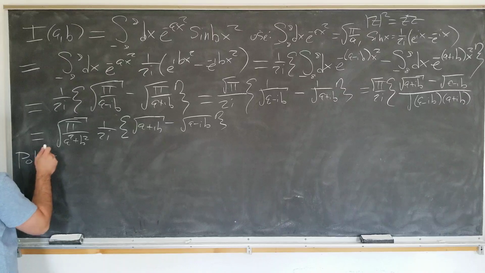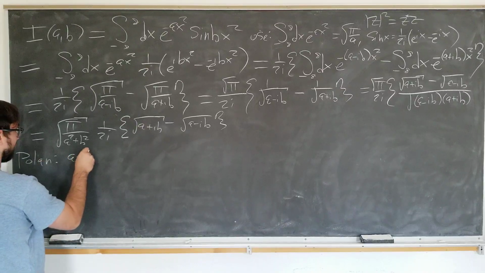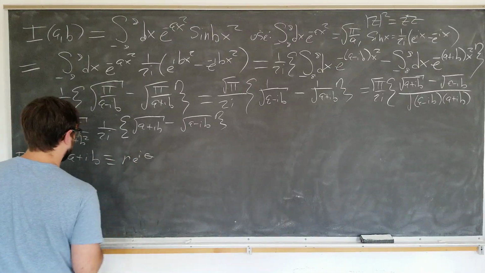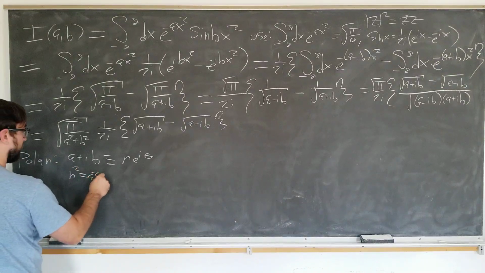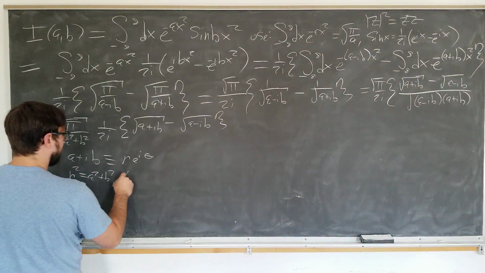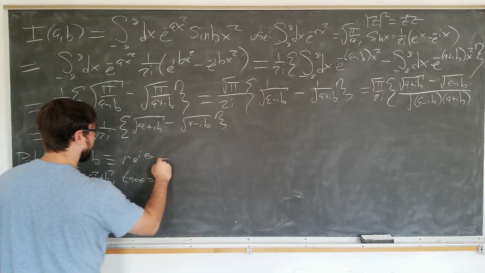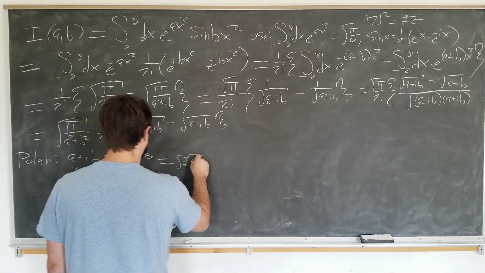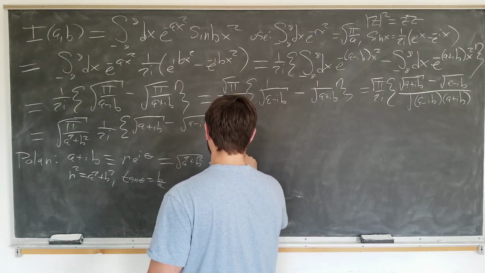That's pretty straightforward. So for polar coordinates, we have a plus ib. I'm going to set this equal to r e to the i theta for some theta. This tells us that r squared must be a squared plus b squared, and tangent of theta must be b over a, which has the following form: square root of a squared plus b squared e to the i inverse tangent b over a.